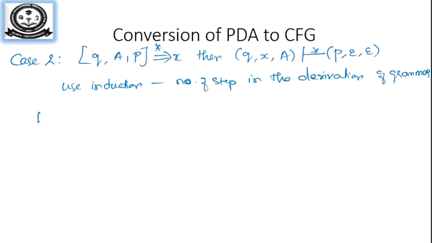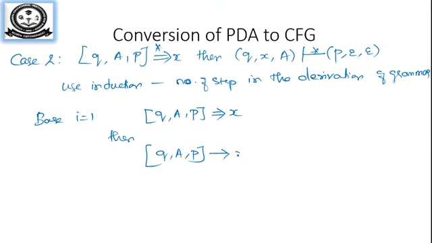If it is the base case, if i equals 1, that means (q, A, p) implies x, then you can write (q, A, p) derives x, where x belongs to the set of terminal symbols, and it can be an epsilon also.